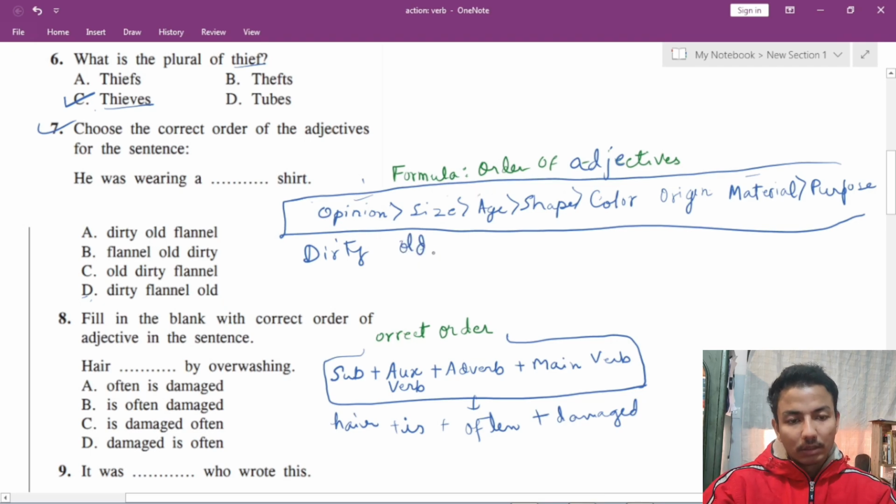Next, shape is not there. Color is not there. Origin is not there. But material is there. What is the material here? Flannel. Flannel is a material very similar to cotton; these are all materials. So the next word in the order would be flannel.